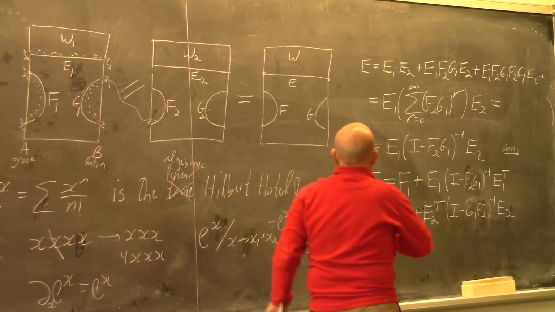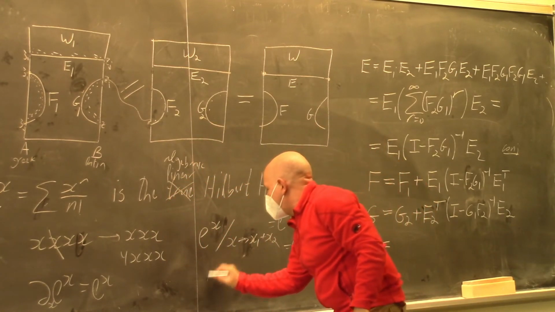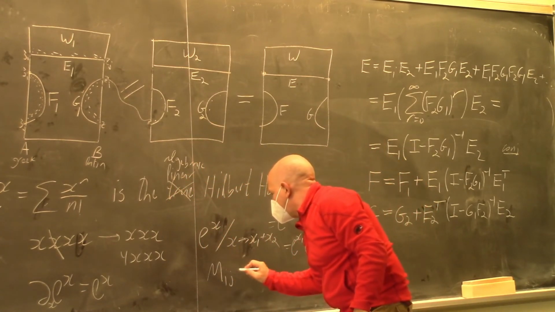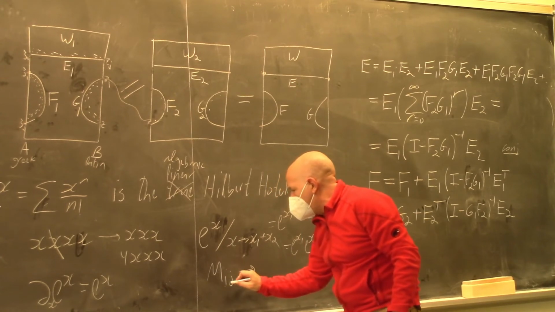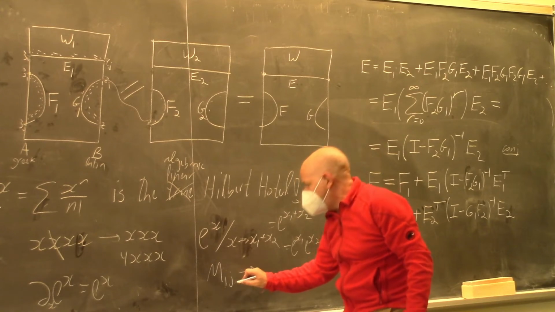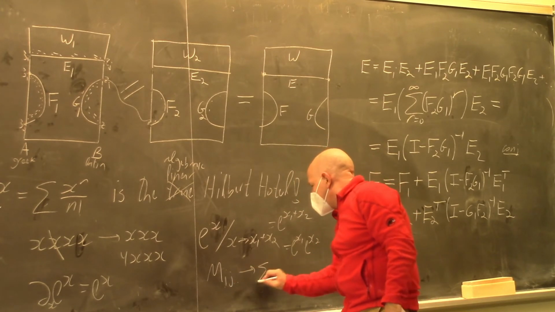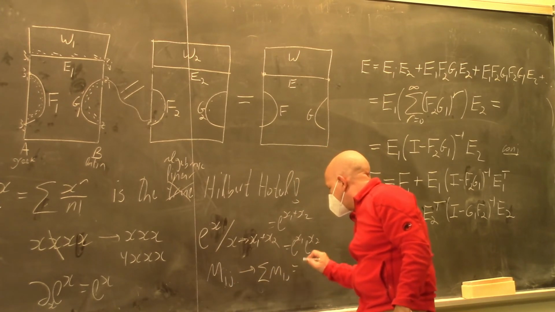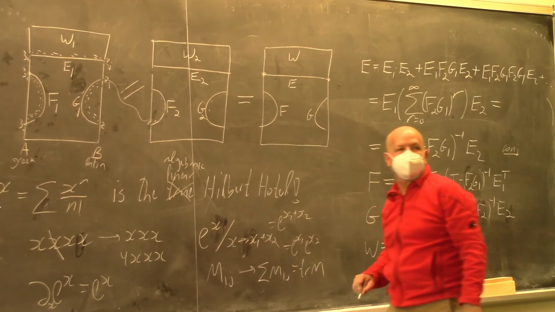If you have a matrix Mij and you sum over all ways of identifying i and j, then this is the trace of that matrix.